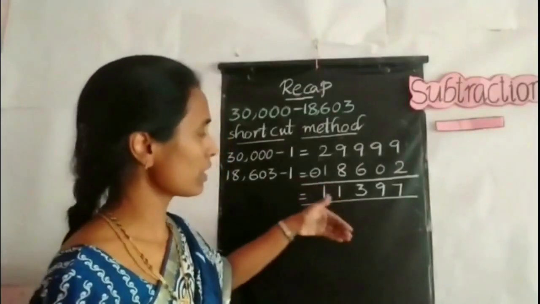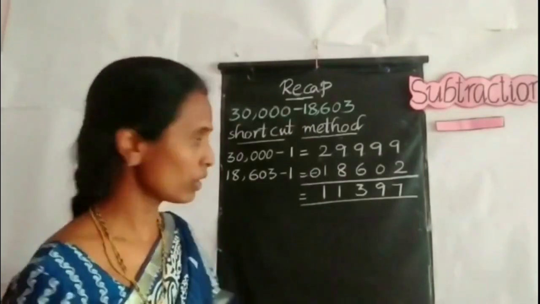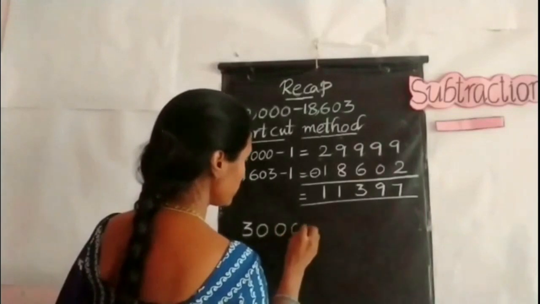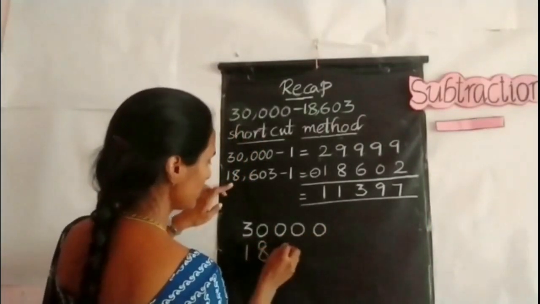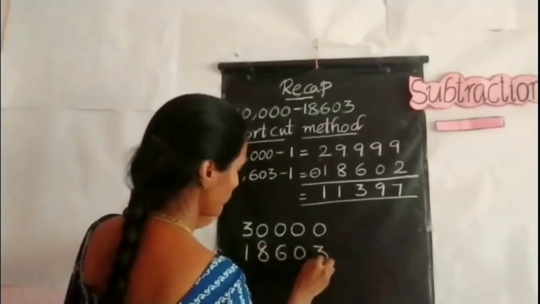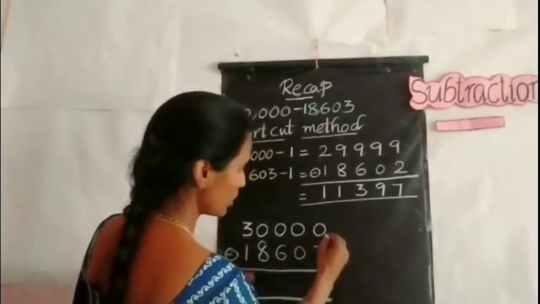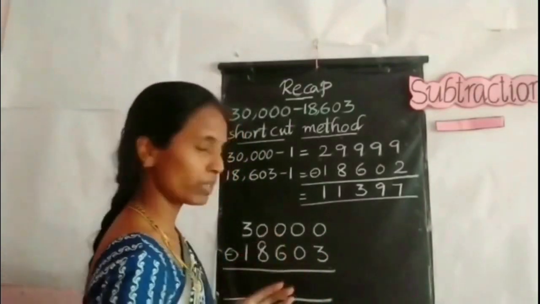Now, let us check whether our answer is correct or not with the normal method. So here 30,000 minus 18,603... no, 18,602. 0 minus 2, not possible. Yes or no, children? So we need to take borrow.